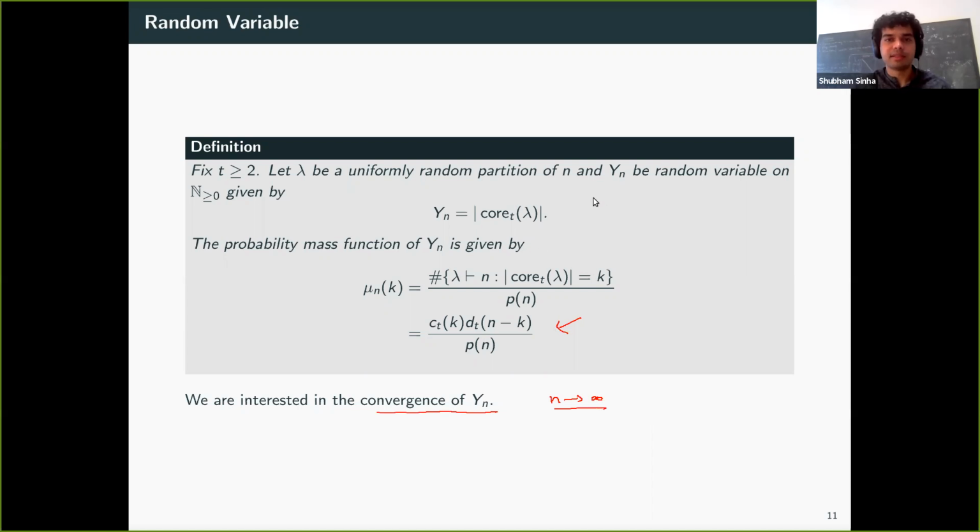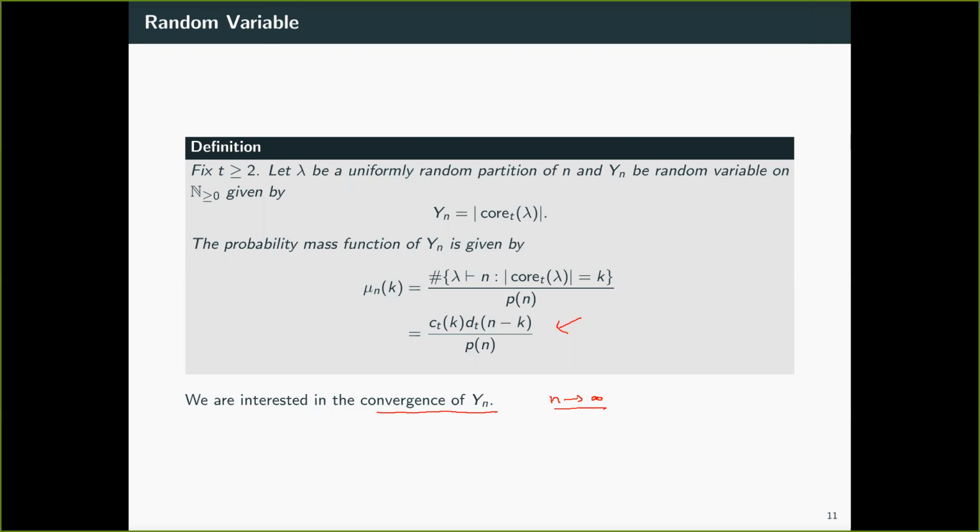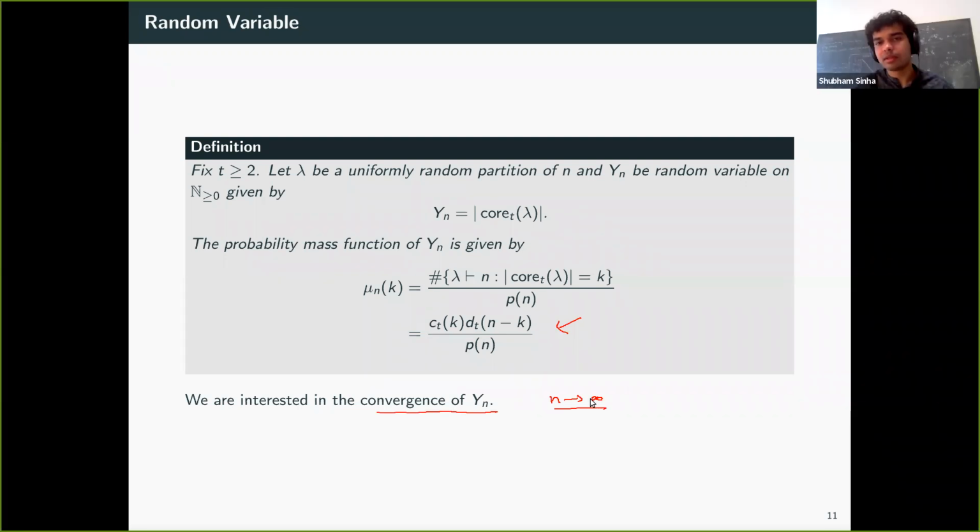But as you usually do, for example, for the binomial distribution, if you want to talk about convergence, you have to scale it in a certain way so that you can make a precise statement.